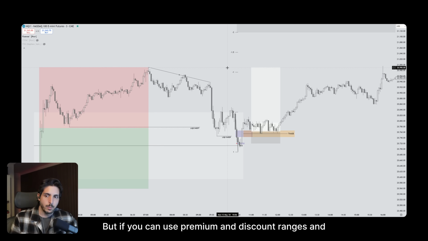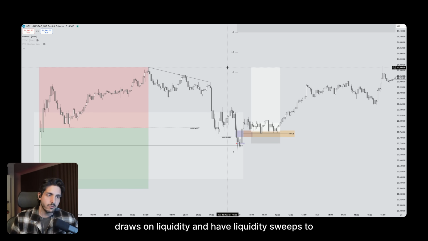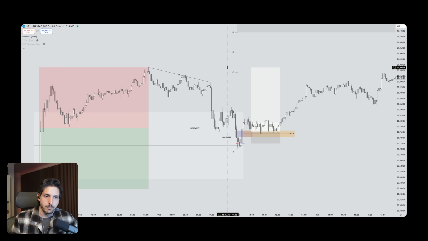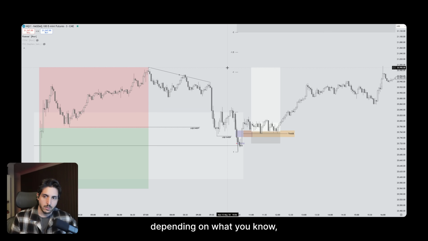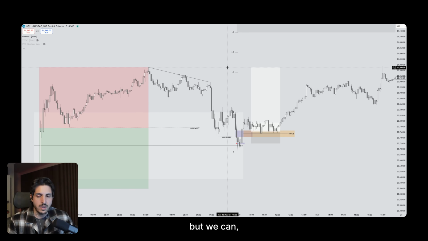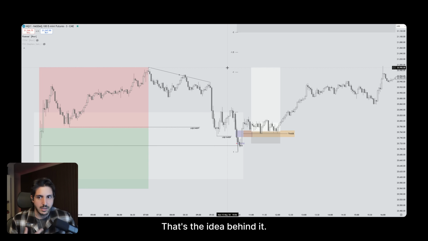But if you can use premium and discount ranges and find draws on liquidity and have liquidity sweeps to give you enough fuel to push that trade in your favor, and you have a higher time frame imbalance, where it's more than likely that buyers or sellers, depending on whether it's a bearish or bullish imbalance, will engage, that's the idea behind it.